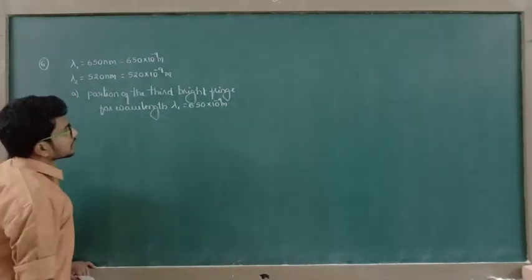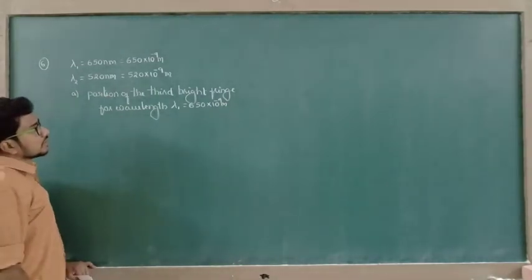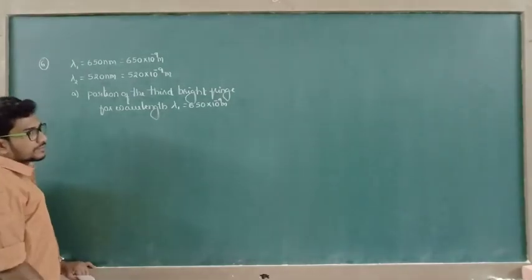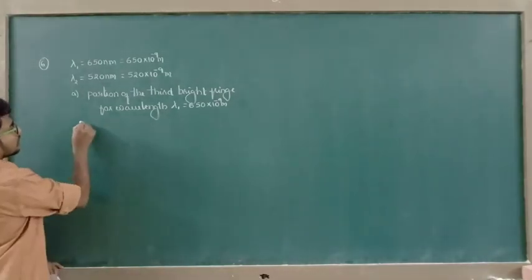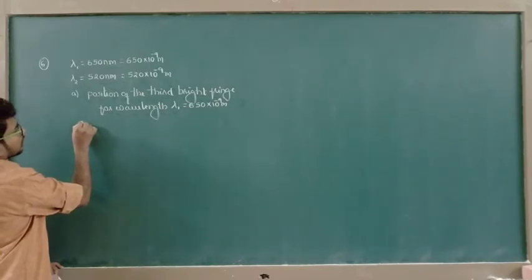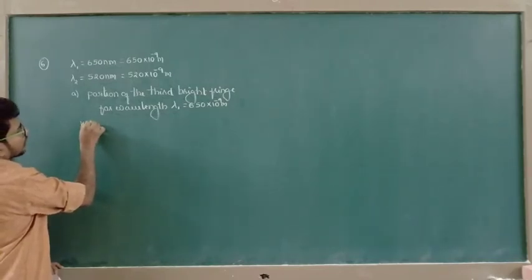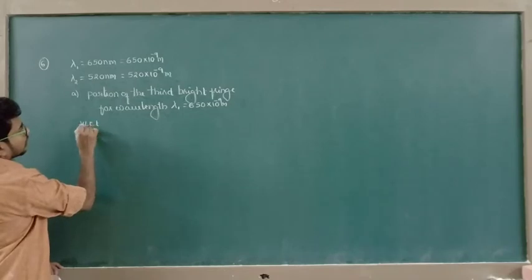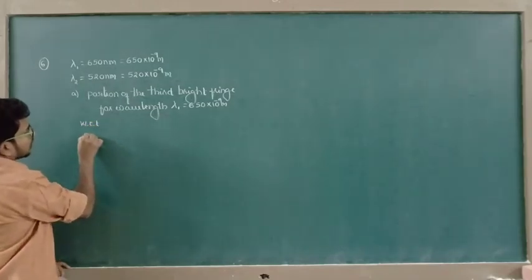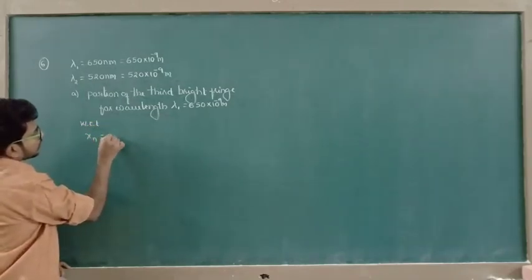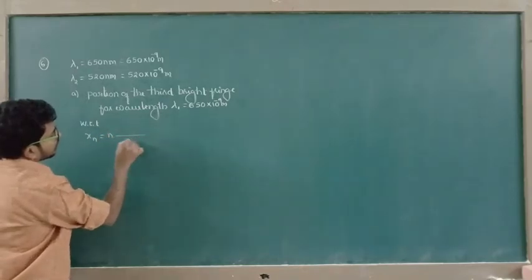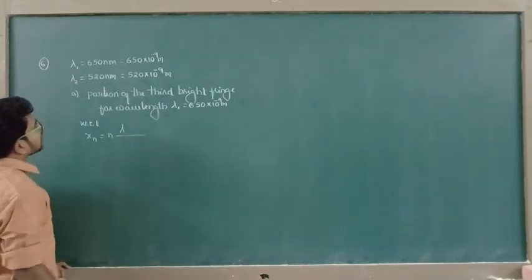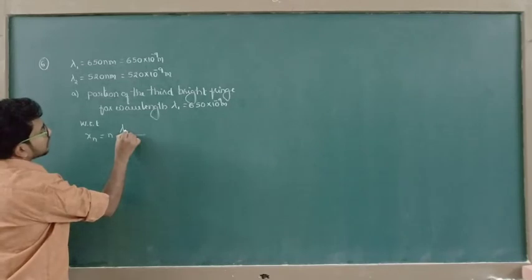So we know the expression for the position of the nth bright fringe: xn is equal to n into lambda into capital D divided by small d. Here lambda is nothing but lambda 1.